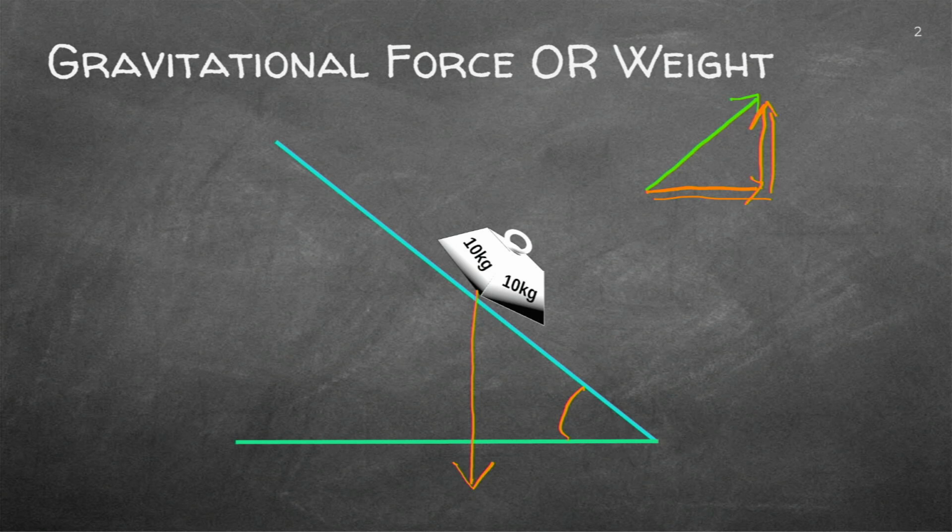Now, let me quickly draw the components on this diagram. So I've got the weight there, and this weight, which is the resultant, will be composed of two components. The one will be the parallel line there. This is parallel to what? To the slope.